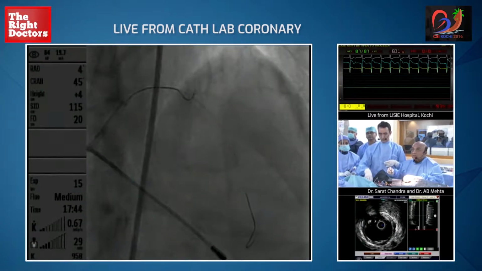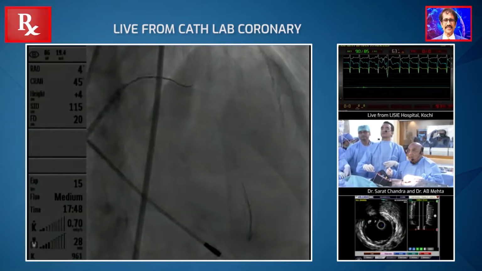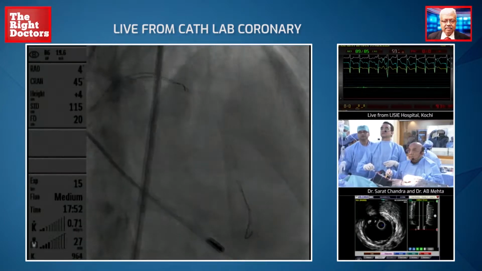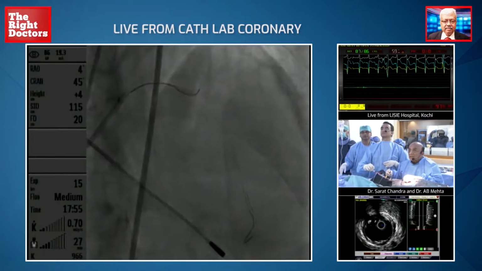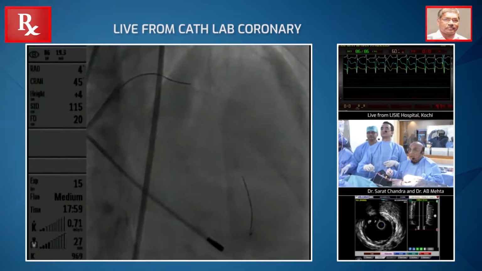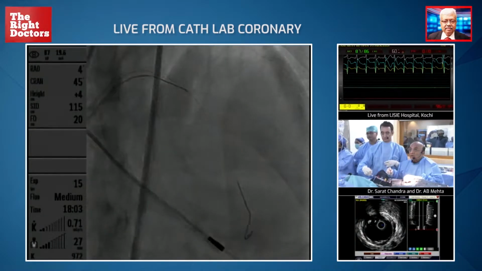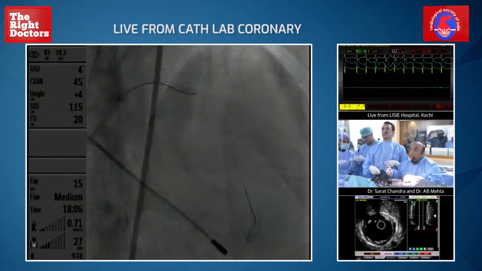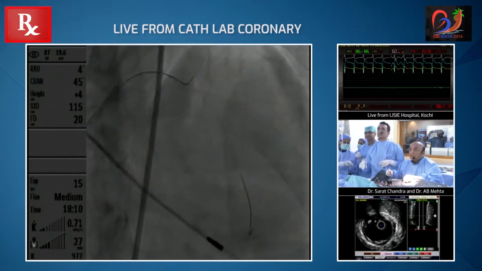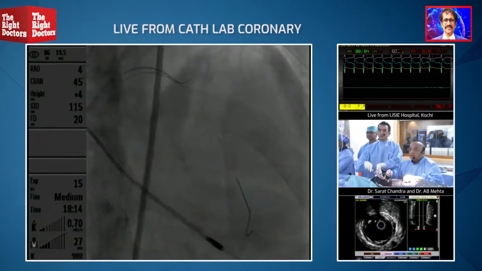In that situation, if we can sample Pd/Pa over that time, we have an index of flow that is not using adenosine. So this is what the iFR is, which is the Pd/Pa over that wave-free diastolic period.